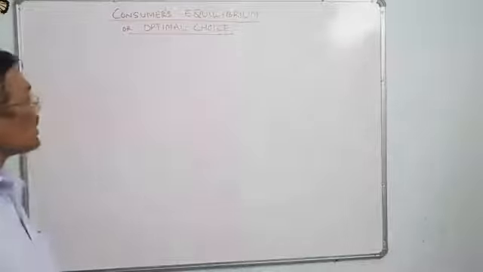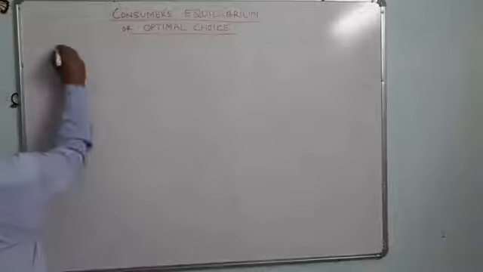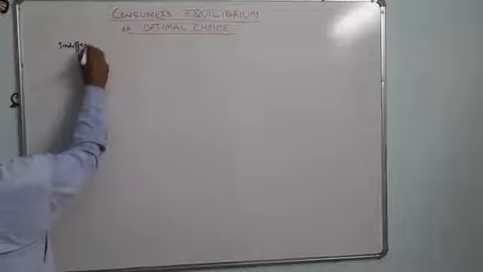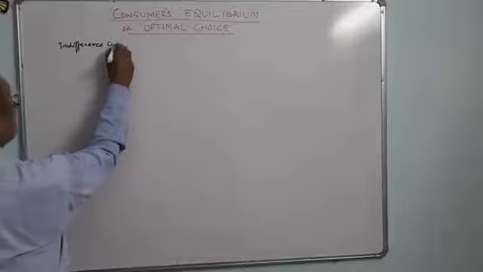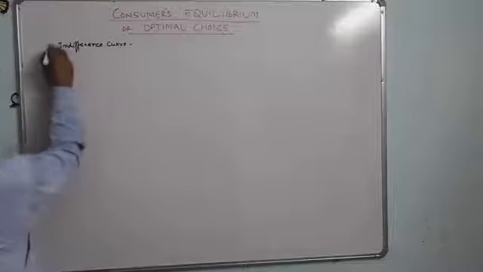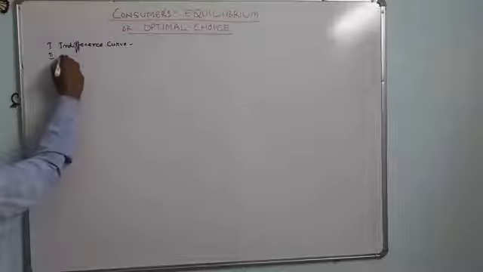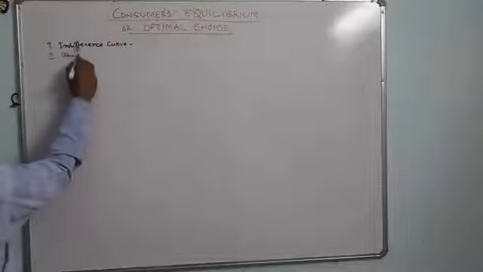Again I repeat the same thing. Number one, you must be clear about the indifference curve. Number two, you must be clear about the budget line.